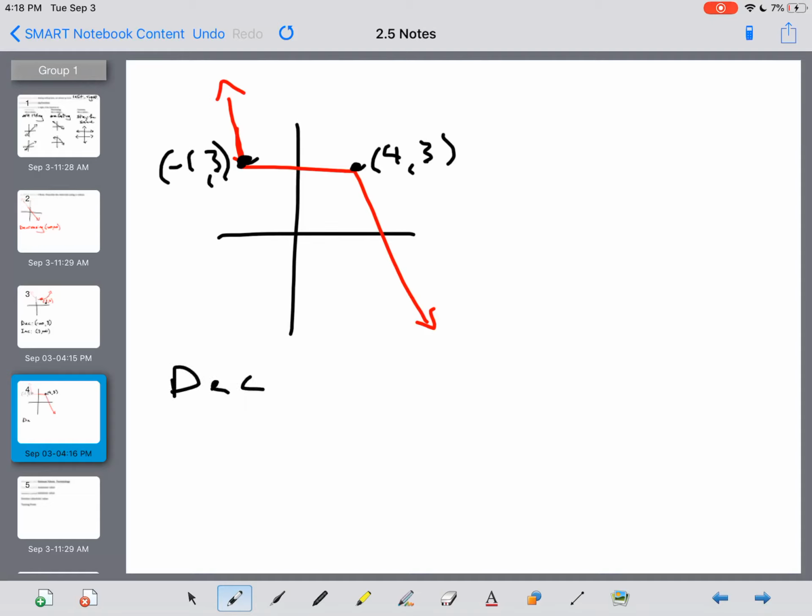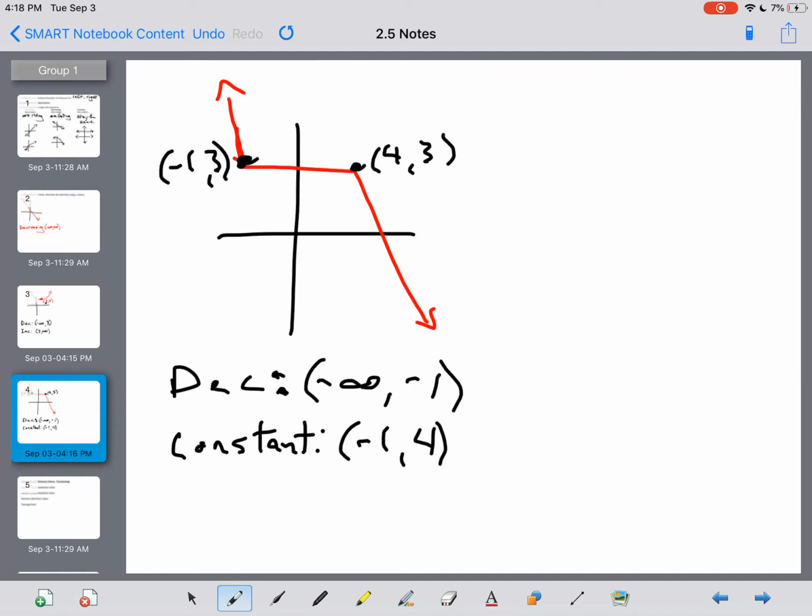So I'm going to say we are decreasing on the interval negative infinity up to -1. And remember, we're writing these intervals in terms of our x values. The next piece here in the middle is constant, and those x values look like from -1 to 4.